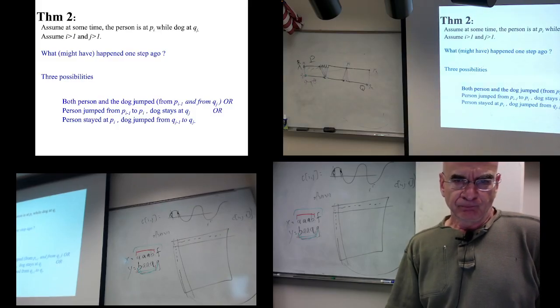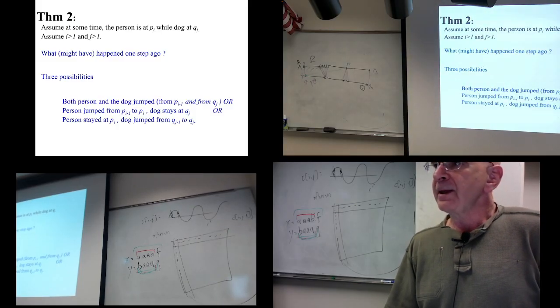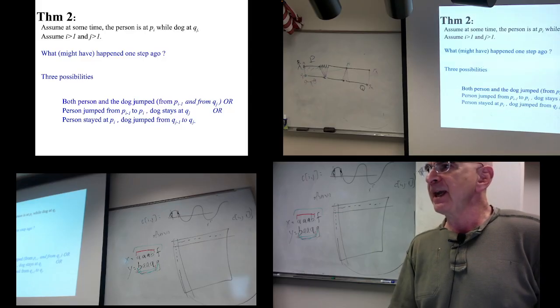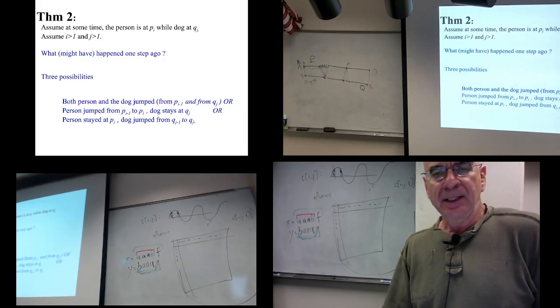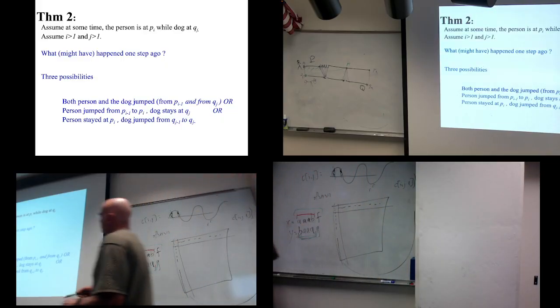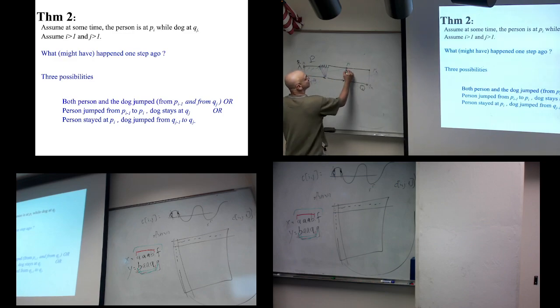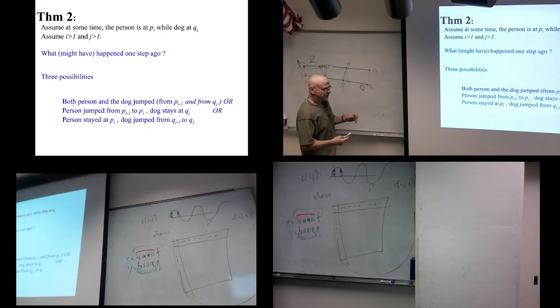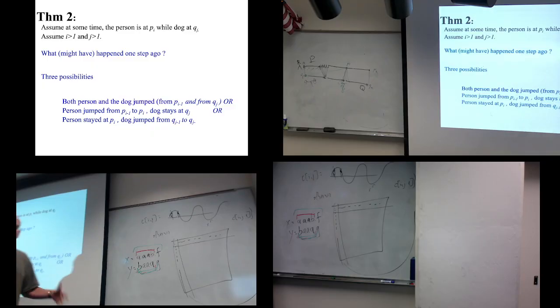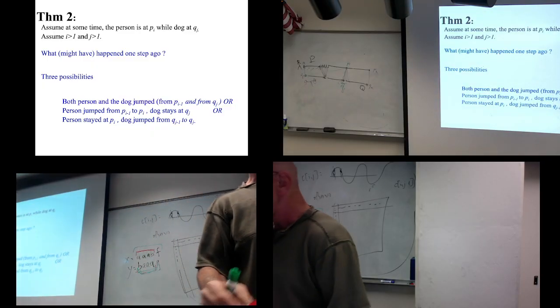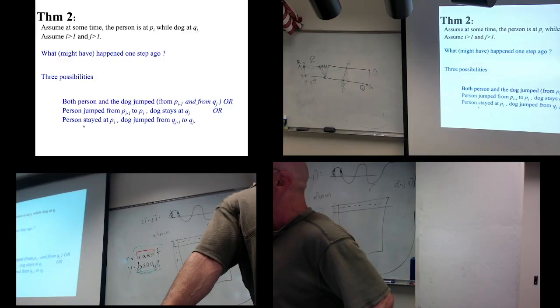OK, moving along. Let's think about what is Cij. Cij means we consider the case where the person is at Pi and the dog is at Qj. Do I know that in the optimum scheduling the person and the dog will be at these locations? Absolutely not.